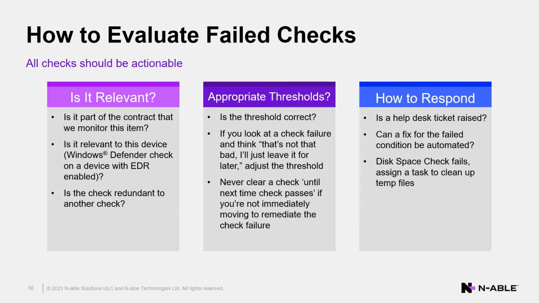So once you decide, okay, that thing is relevant, I need it there for X reason, totally fine. You want to first of all look, is the threshold correct? Should I tweak something? Should I modify the threshold somehow? Because if I get a failure and I ignore it because the threshold's like, yeah, whatever, then you should adjust the threshold, right?